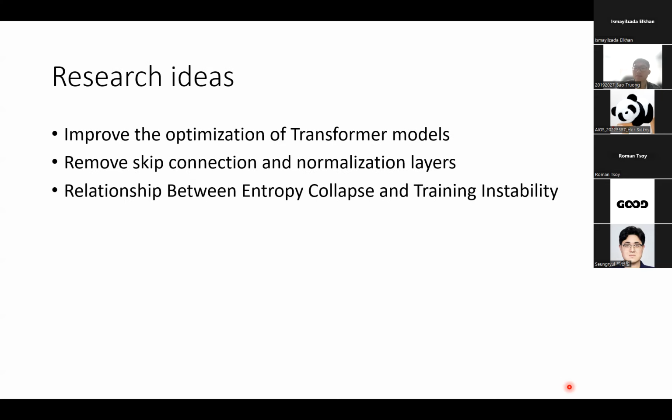Some research ideas we can get from this paper are that we can improve the optimization of transformer models, or we can try to remove the skip connection and normalization layer, and we can investigate the relationship between entropy collapse and training stability.